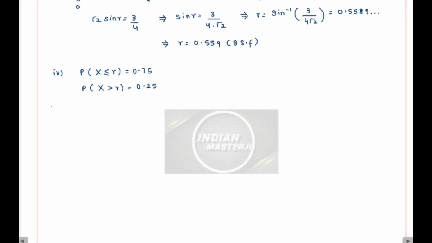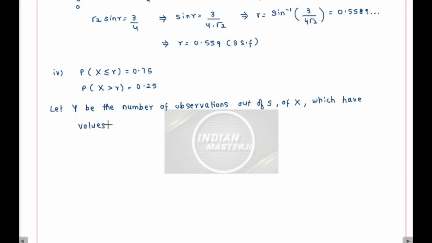And 3 out of 5 random observations of x they are saying. So can we say, suppose y is some random variable, let y be the number of observations out of 5 of x which have values greater than the upper quartile, correct?